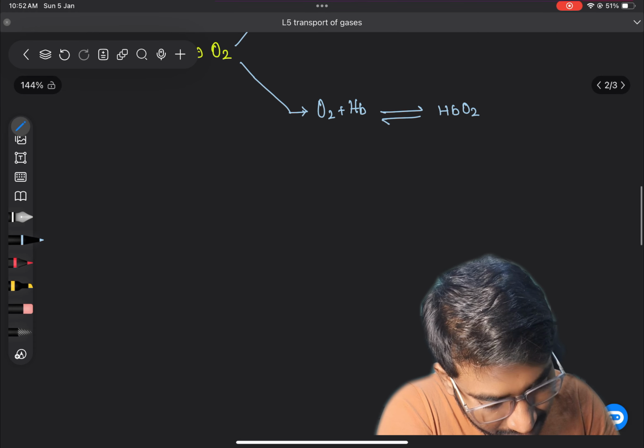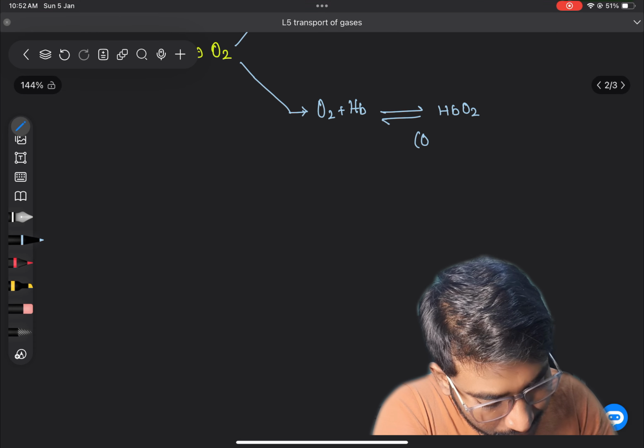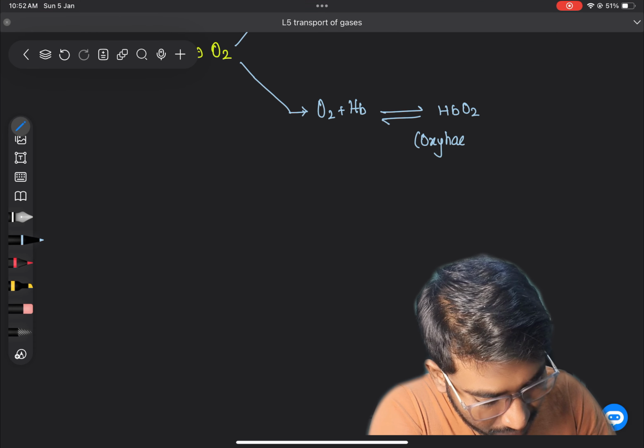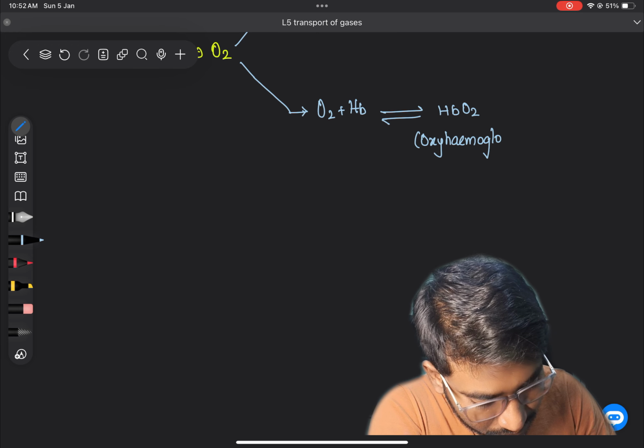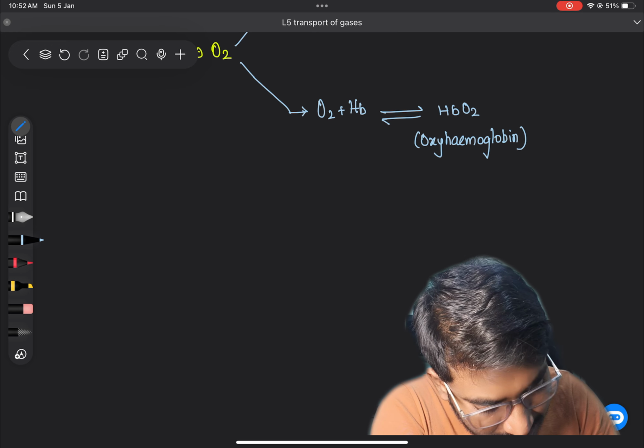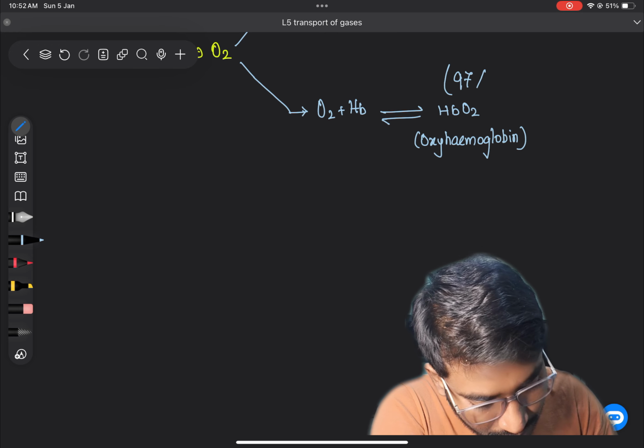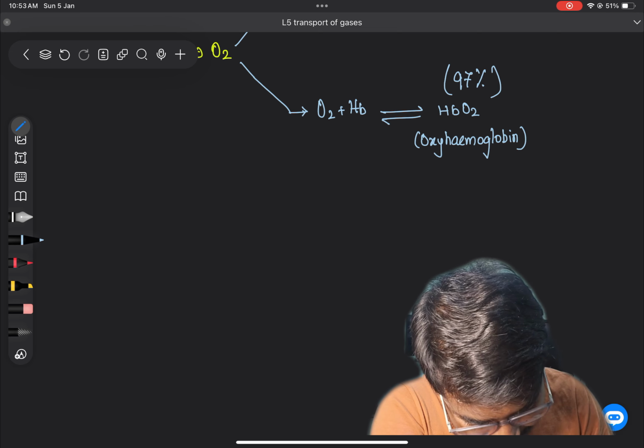Oxygen binds with hemoglobin and forms oxyhemoglobin, HbO2. This is in the RBC.